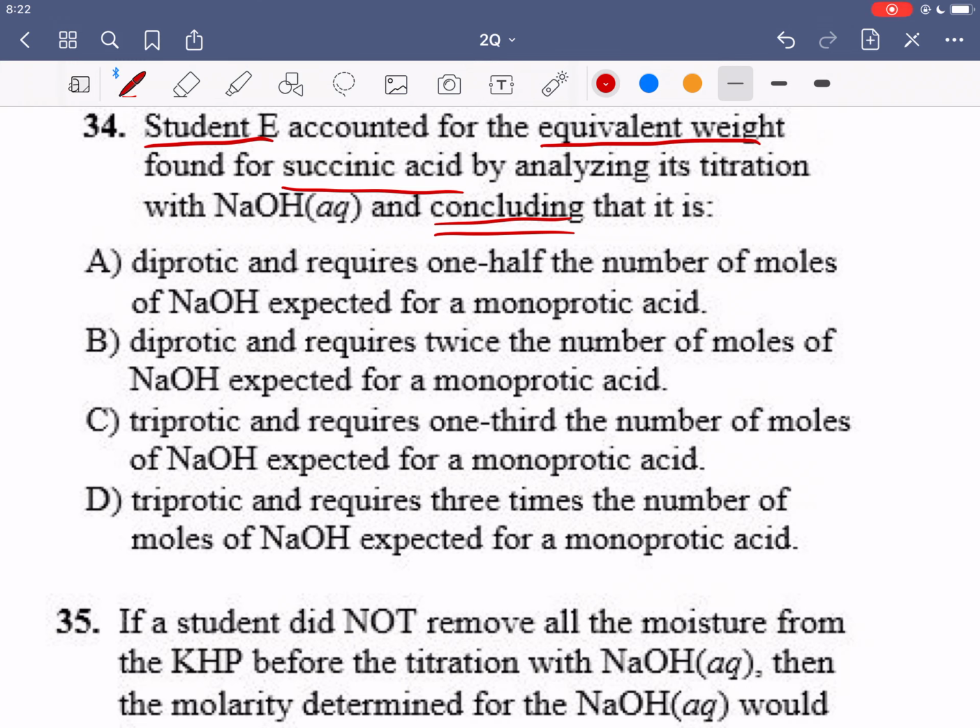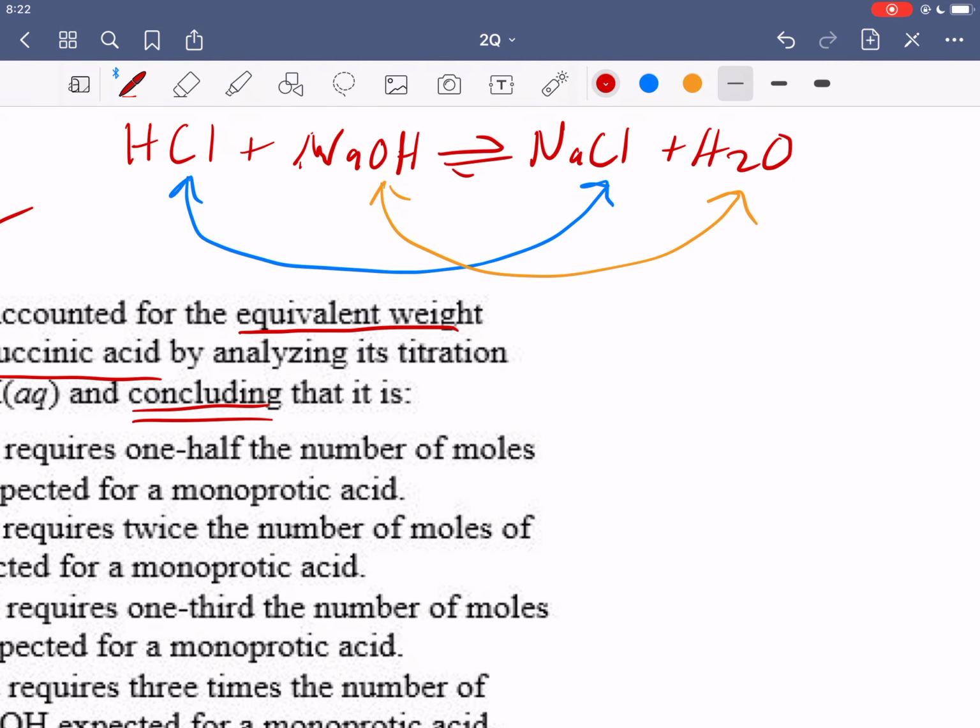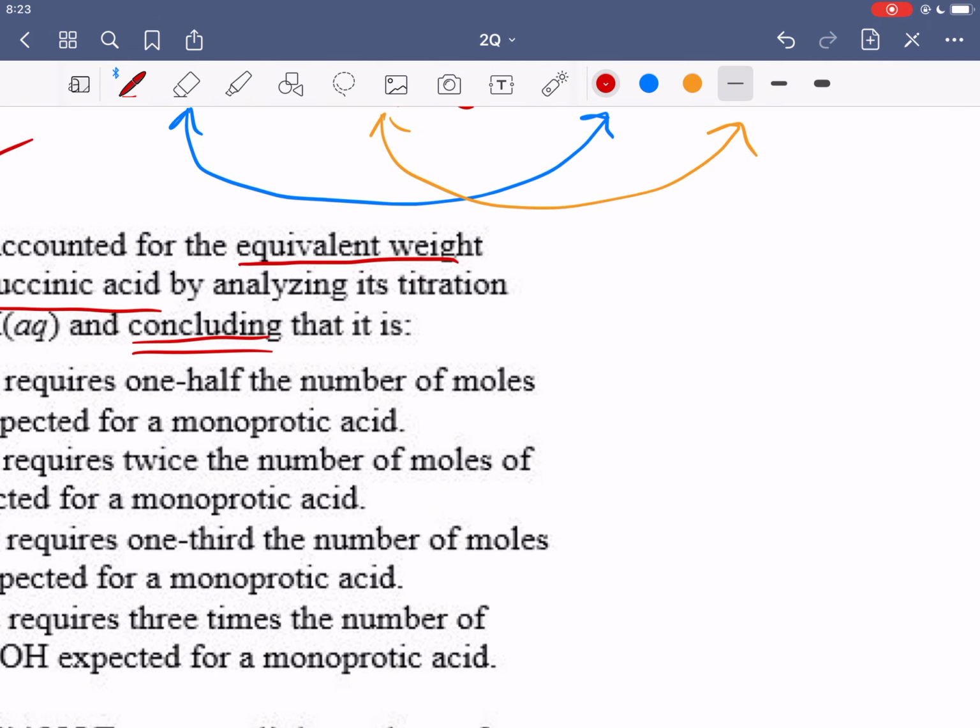So for example, NaOH plus HCl, if I have these two things, they're going to be in an equivalent weight, meaning if I have 1 mole of NaOH, that's going to be fully neutralized by 1 mole of HCl, because the NaOH releases OH minus, the HCl releases the H plus.